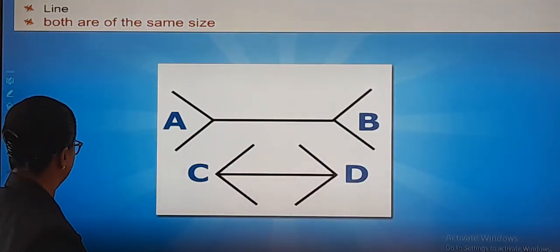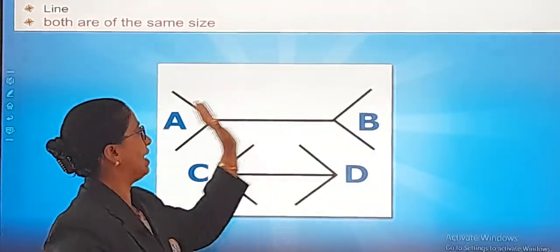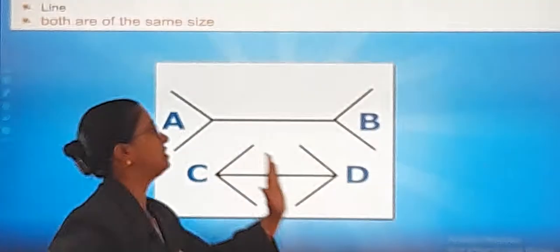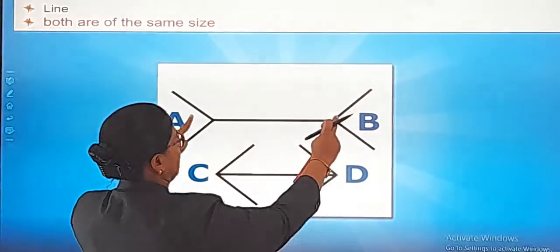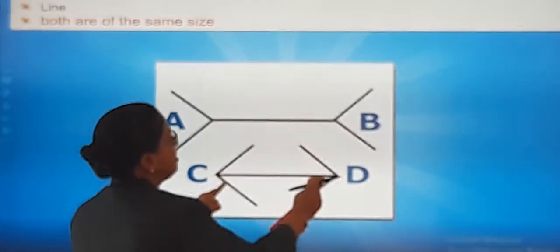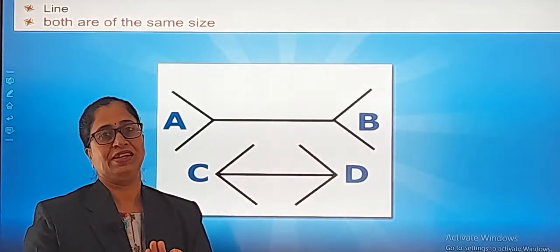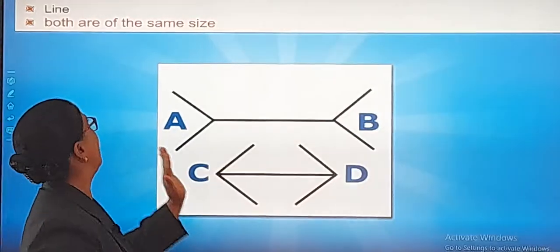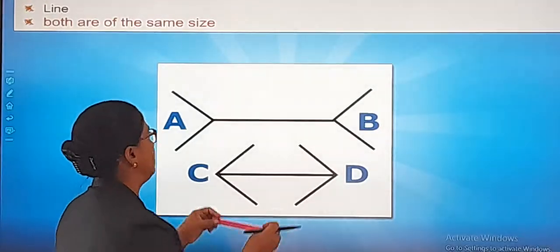Line, both are of the same size. Now look carefully at line AB and line CD. At one look, you feel this is longer and this is shorter, but it is an illusion. If you look carefully, you will understand both are of the same size.